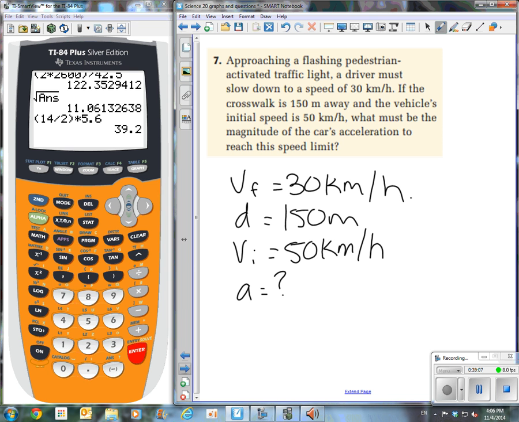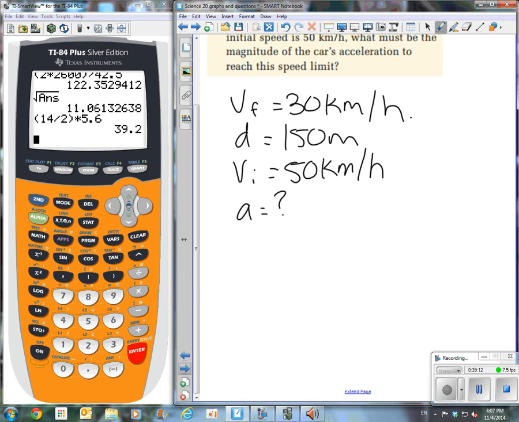So here we go. What we need to do here is calculate time, so I'm going to solve for that first, looking at the formula without acceleration. I get D equals VI plus VF all over 2 times time.